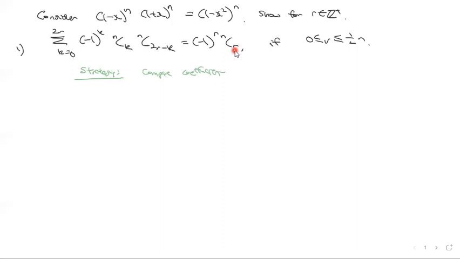So that's where we're heading. We don't know what that power is at the moment without a little more work, but we're likely to be comparing coefficients of some power as opposed to subbing in values for x.